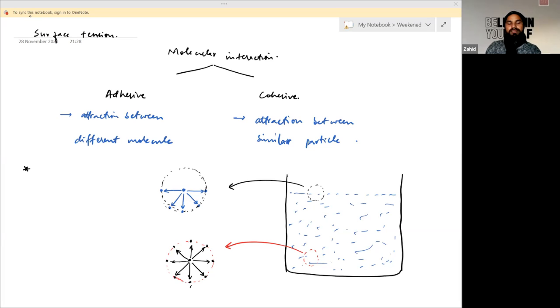So in this case, the net force on the centralmost particle will not be equal to zero. So you can say the top layer of liquid surface gets attracted or slightly stretched due to molecular interaction. This property of the top layer of liquid film is termed surface tension. Is it clear?